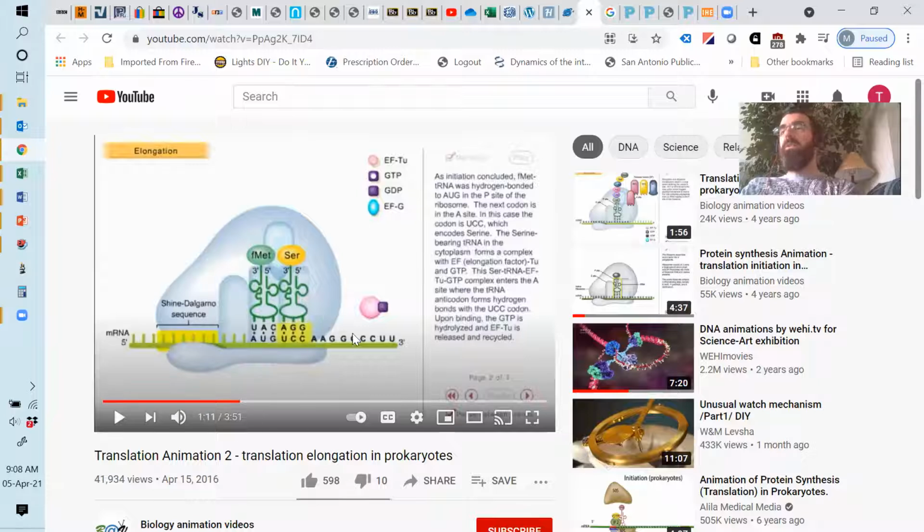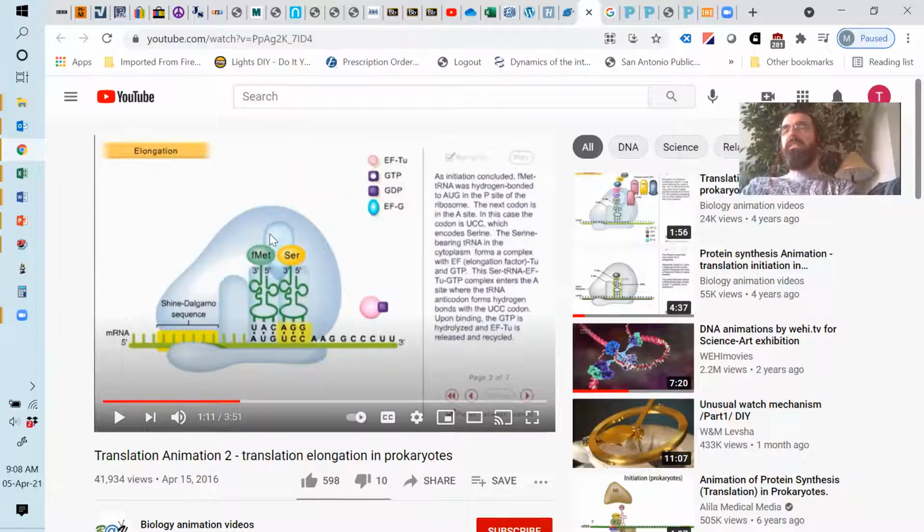There you go. So essentially, you can see the purpose of the anticodon, right? That's on the tRNA that recognizes the UCC in the RNA because it has the exact opposite on the anticodon on the tRNA.